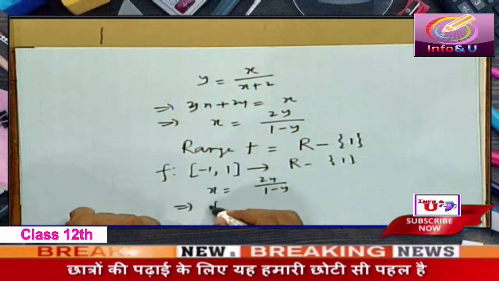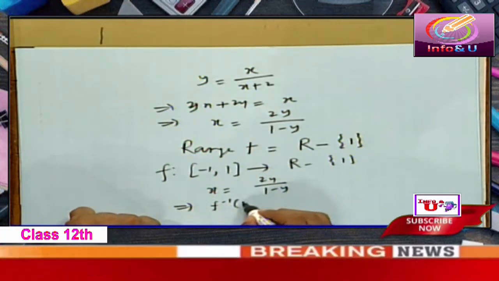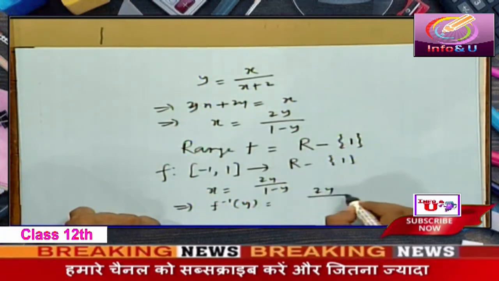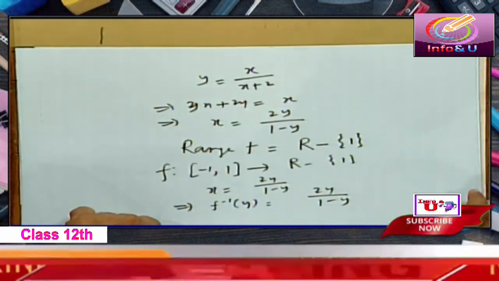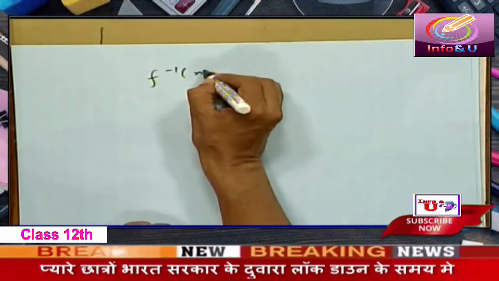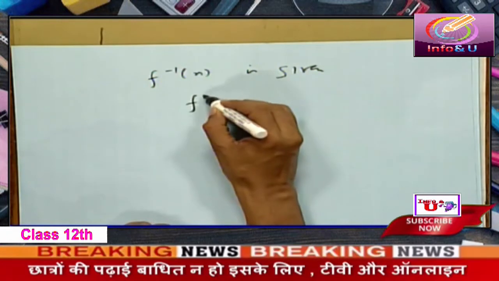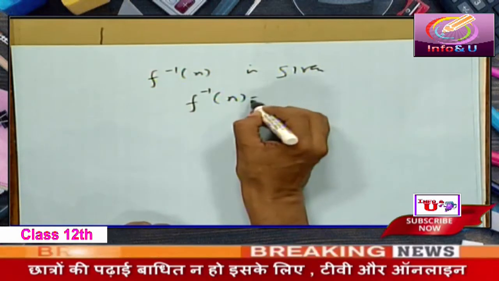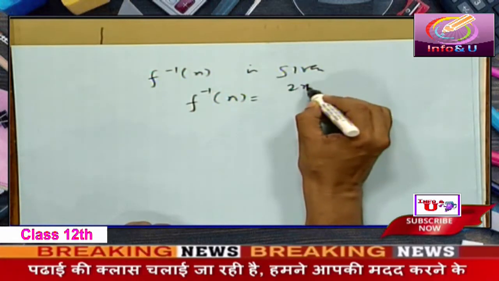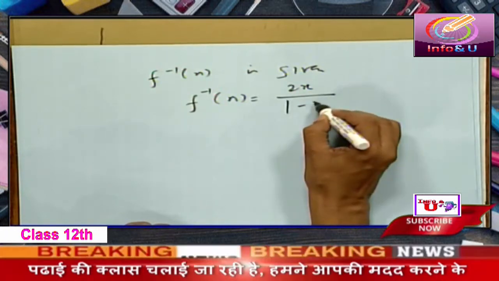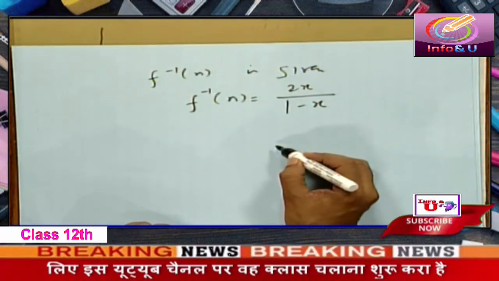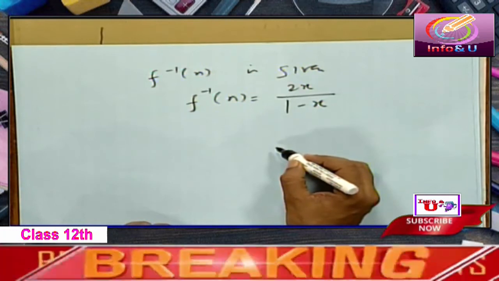This means f inverse of y is 2y upon 1 minus y. The inverse function f inverse of x is given by f inverse of x equal to 2x upon 1 minus x. Thus we find the inverse.